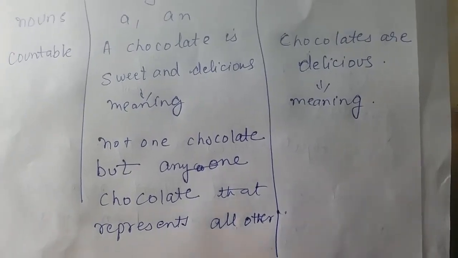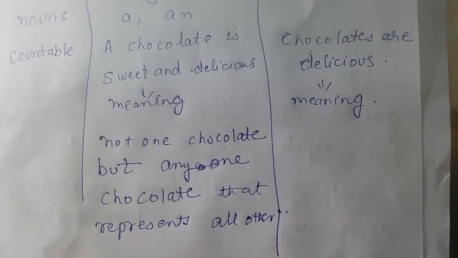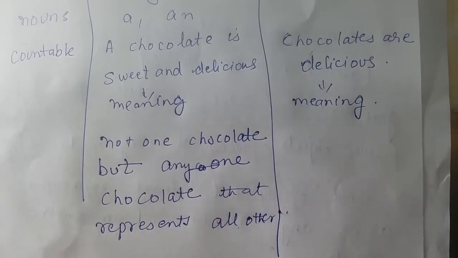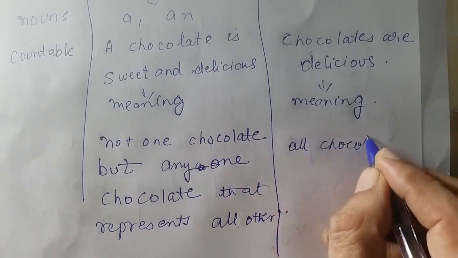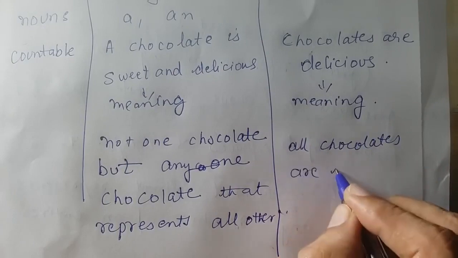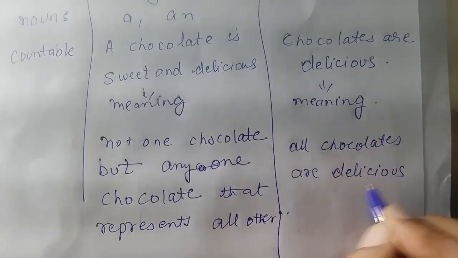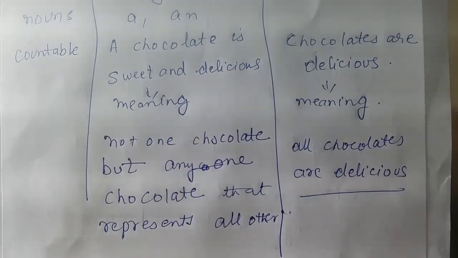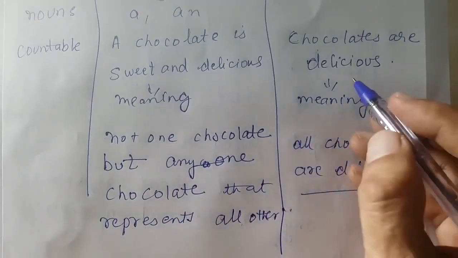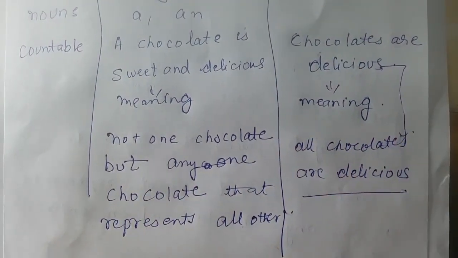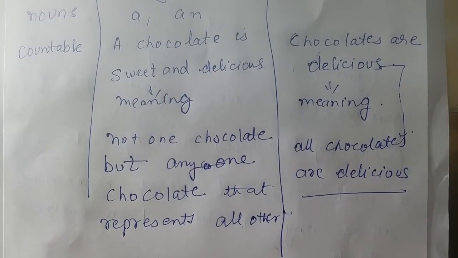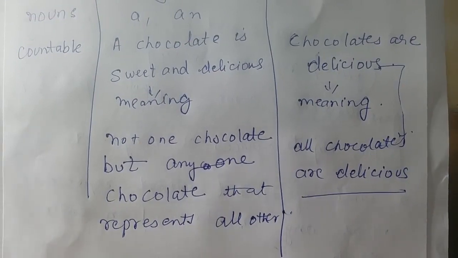Next I am going to the meaning of chocolates are delicious. Check please what the meaning is: all chocolates are delicious. So this line represents all. That's why in the previous video on reading I also did many, all, majority, the most.